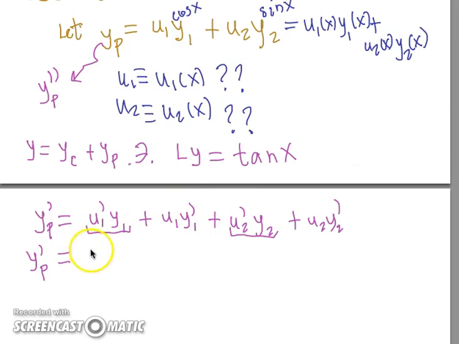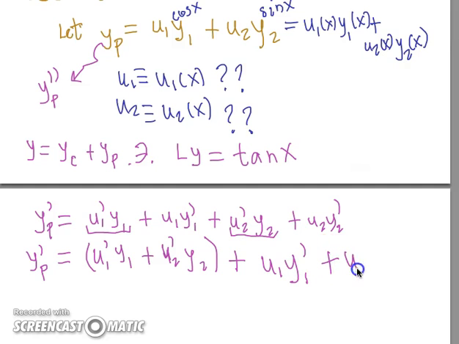So in a second step here, I'm going to group terms just for convenience, u1 prime y1 and u2 prime y sub 2. I'm going to write those two terms first. I'm not doing anything else other than rearranging these terms, and then I write u1 y1 prime plus u2 y2 prime.